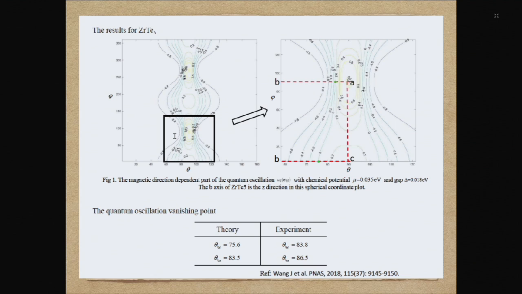Along another direction, in the plane between A and B, this angle becomes 83 something, and the experimental angle is 86. So you see it's very close. We also tested that if we don't include the contribution from Berry curvature splitting, this angle is completely wrong, and cannot compare to the experimental data.